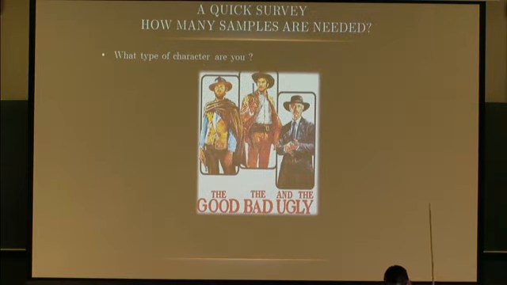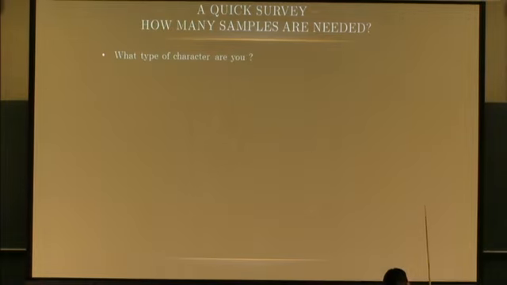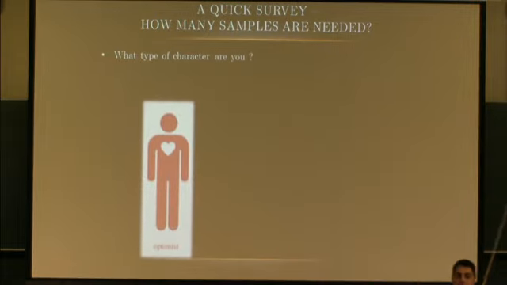So one of the questions is really how many samples do you need? And that really is a question of what type of character one is, not whether you're good, bad, or ugly. We spoke about good and bad Helmholtz, but we're not talking only about that. You can be an optimist and say, okay, if something works for that model that I work with, it would obviously work for everything else. And we know some people that do that.